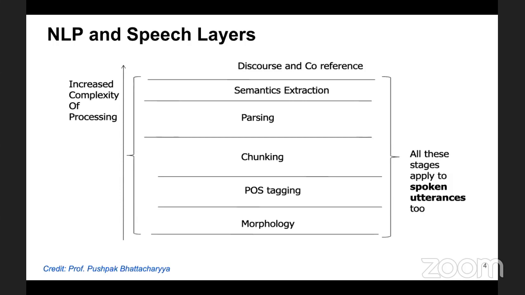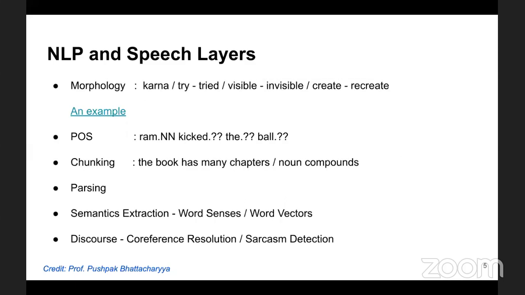The common parts of speech that are used in natural language processing are nouns, verbs, adverbs, and adjectives. Apart from that, of course, there are different kinds of nouns and different kinds of verbs. POS tags can be very fine grained as well, but these four POS tags are basically the most common.